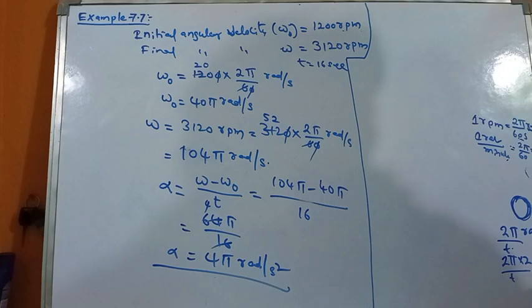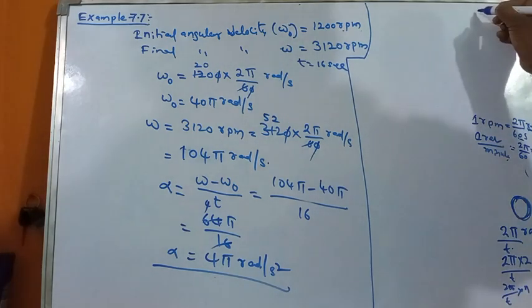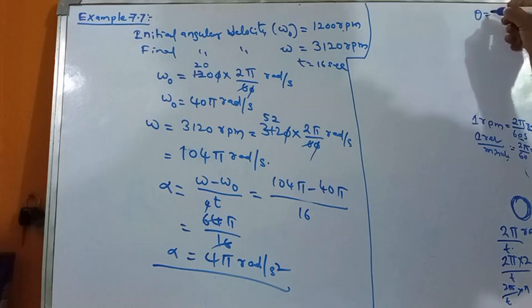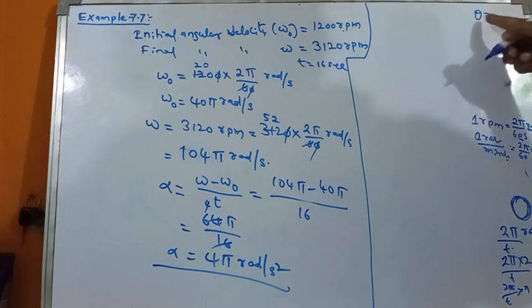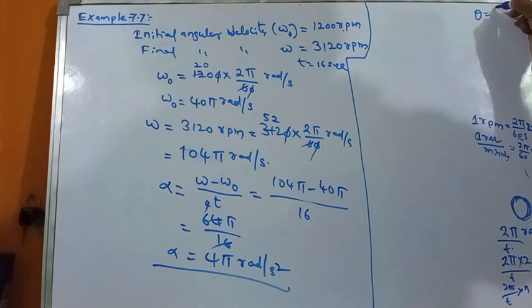Like that, suppose it completes n cycles, that is 2 pi by t into n revolutions. Then we know theta, the total angular displacement, is equal to 2 pi n by t.